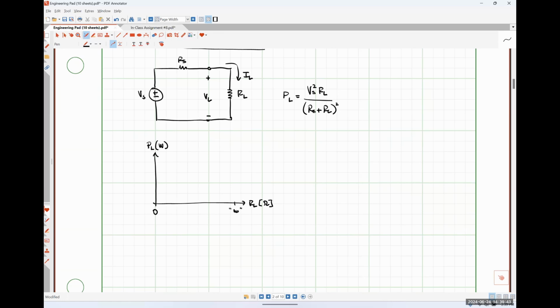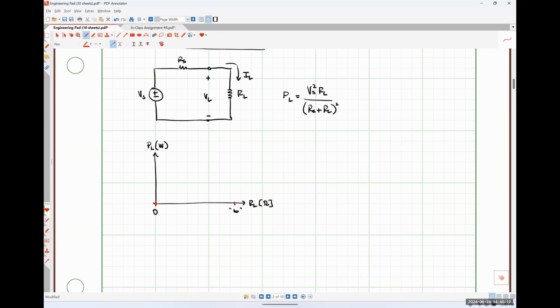So hopefully it stands to reason that the amount of power absorbed by our load resistance will be exactly equal to 0 when our load is a short circuit, because there's no voltage drop across it. And so since there's no voltage drop across it, there can't be any power absorbed by it.